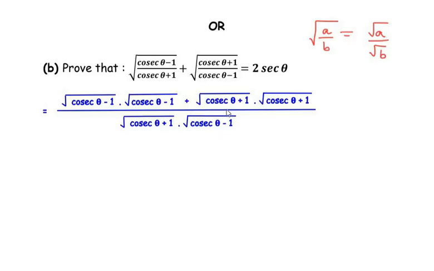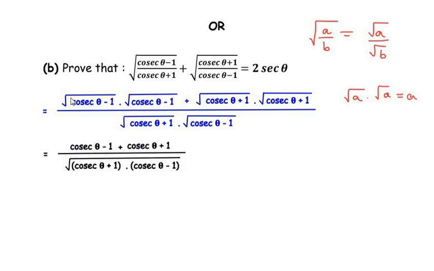Now once we have got this, remember that if something is of the form square root of a times square root of a, this will be equal to a. So applying this rule over here, we are going to get in the numerator, these both are same terms, that is cosec theta minus 1 and cosec theta minus 1.